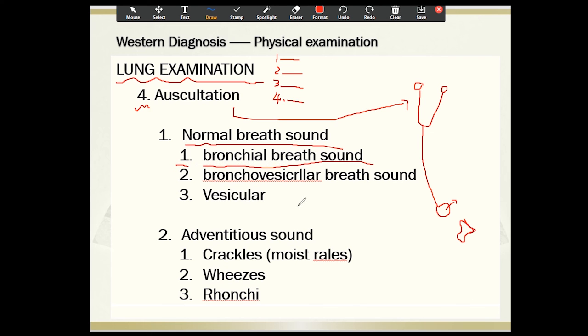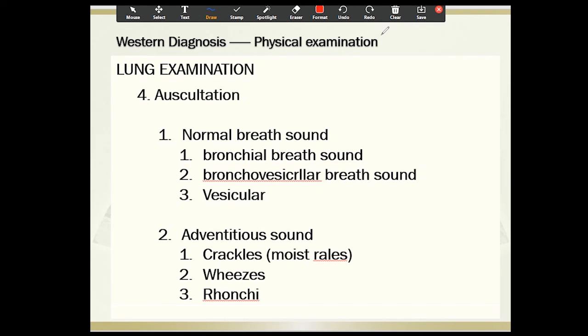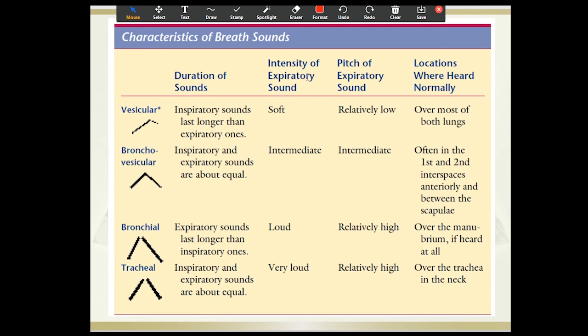Then we talk about the location. Another sound we call vesicular sound. Then we have another sound basically between these two, the bronchovesicular breathing sound. So in different parts of the body, normally, we can hear different sounds with this special scope. Then we talk about where we can find it.